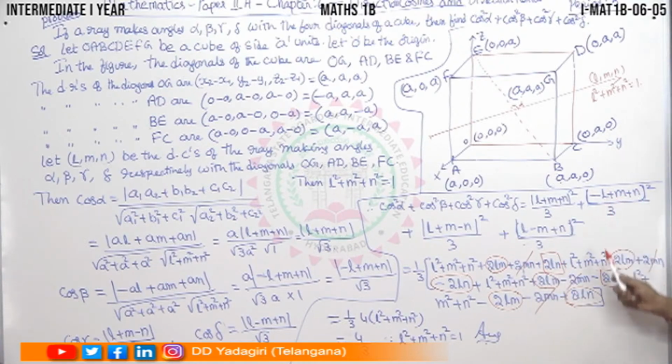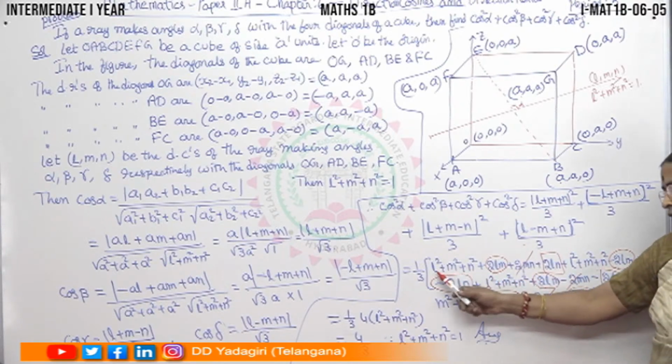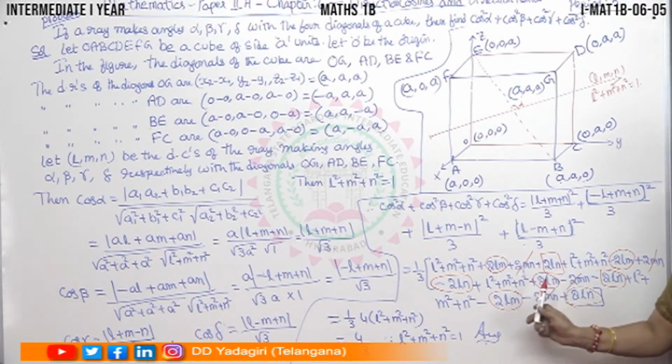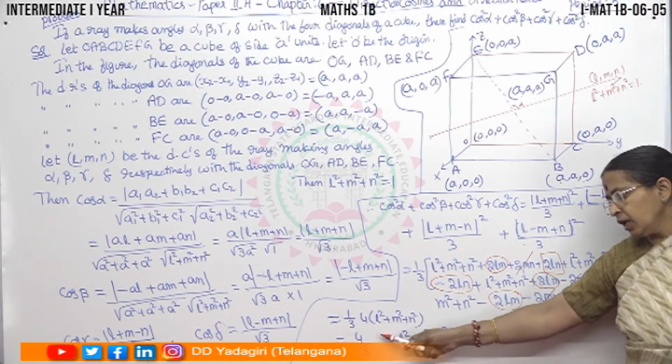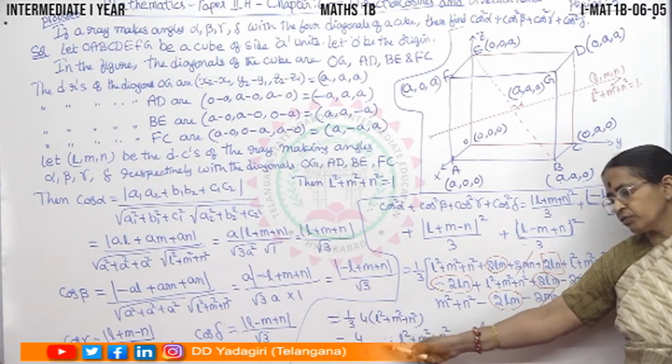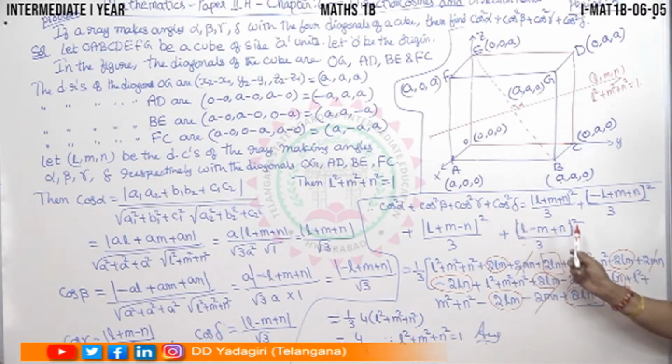Here also 2ab becomes minus 2lm, 2bc is 2mn, 2ca becomes minus 2ln. Like that you write the answer. So you will get 4 times l square, 4 times m square, n square, like that. And this is equal to 1, so 4 by 3. So the value of this is 4 by 3. That is the answer. So this problem is very important for 7 marks, and you can easily solve it.